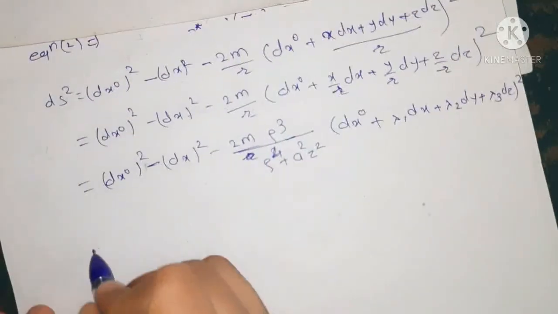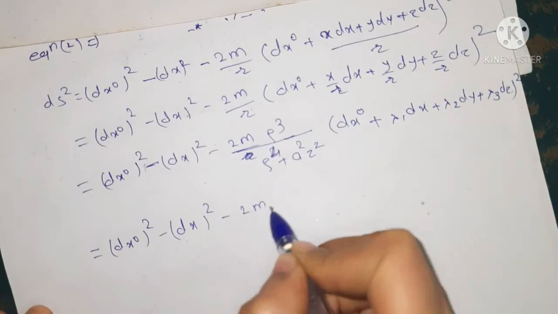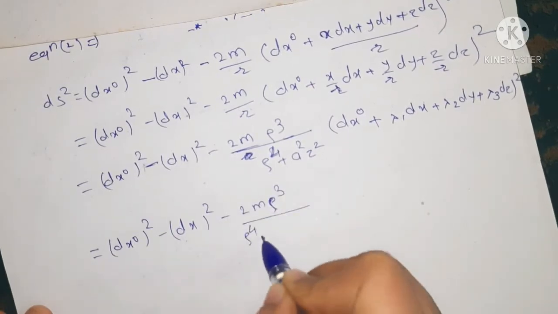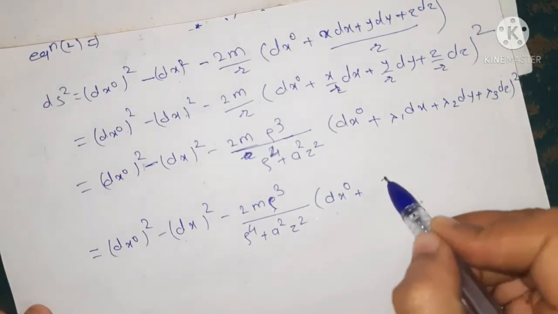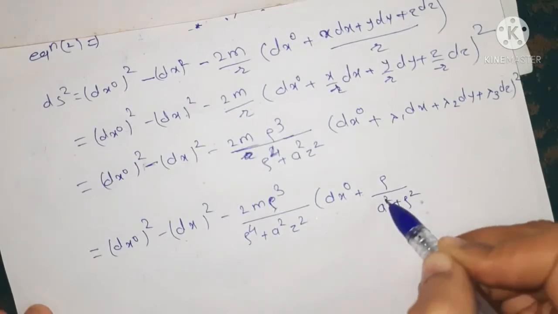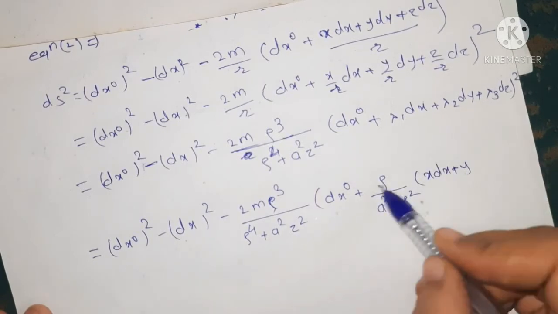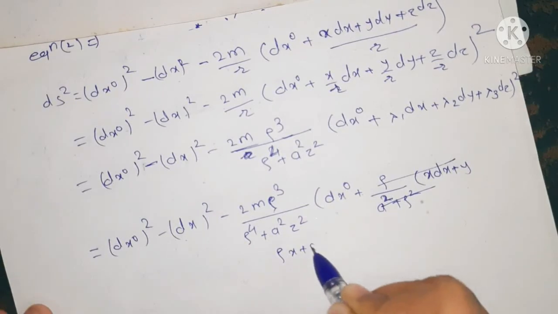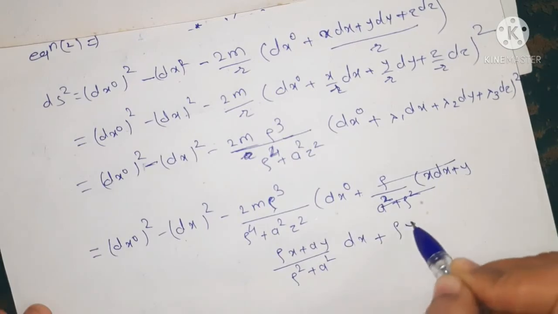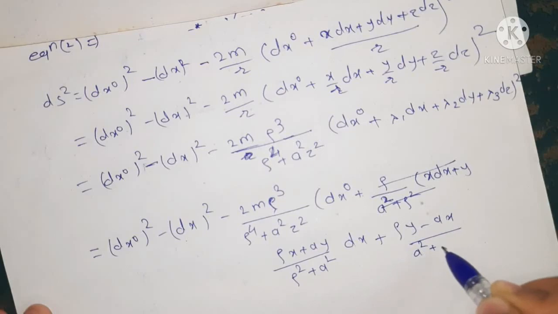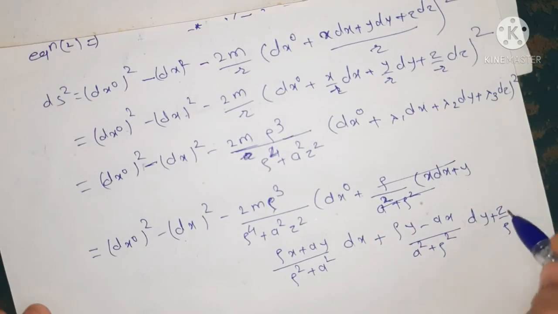So this line element will be in the form dx0 square minus dx square minus twice m rho cube upon rho to the power 4 plus a square into z square, into dx0 plus the value of lambda 1, in bracket x dx plus y, we can write this as rho x plus ay upon rho square plus a square dx plus the value of lambda 2 as rho y minus ax upon a square plus rho square dy plus the value of lambda 3, z upon rho dz.